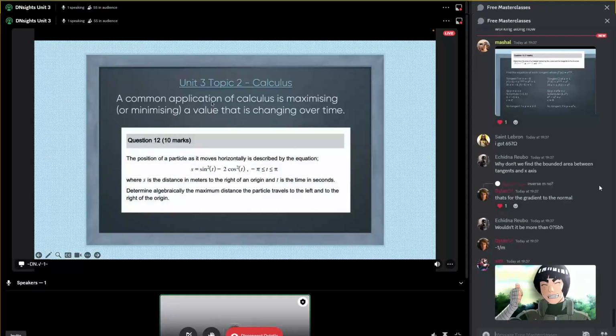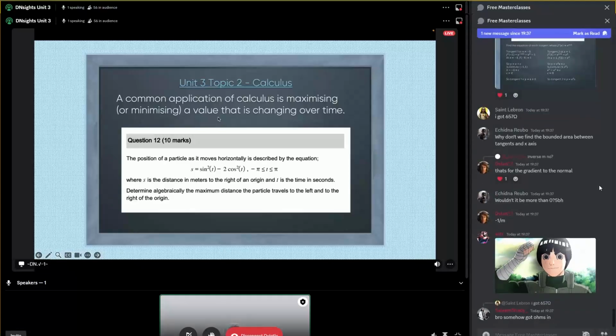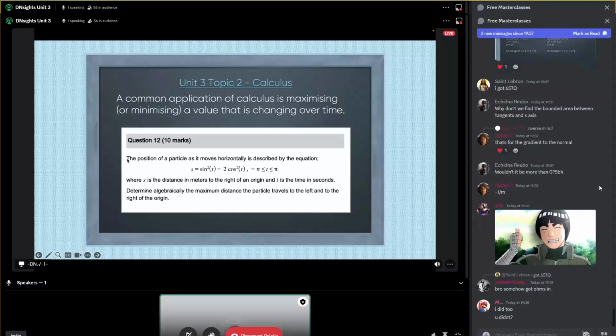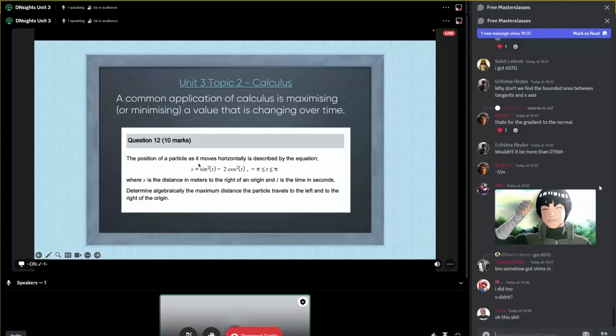Next question is calculus again. A lot of what we use calculus for is for finding the maximum or minimum values that change over time. So I want you to have a go at another question. I know it's a lot, but don't worry. This is good revision. What we have here is the position of a particle as it moves horizontally, described by this equation.